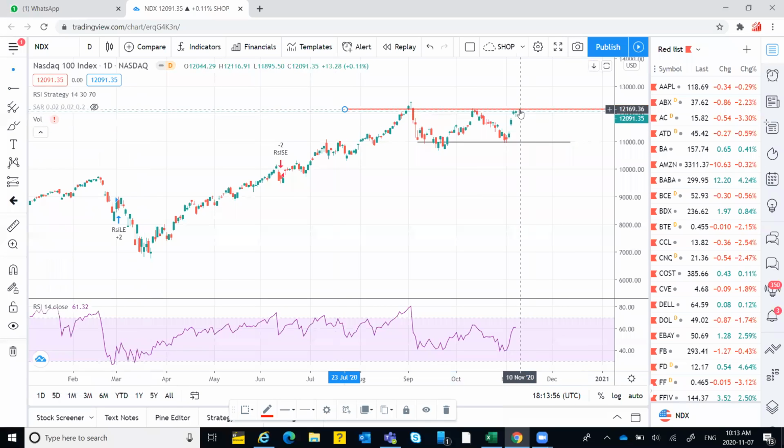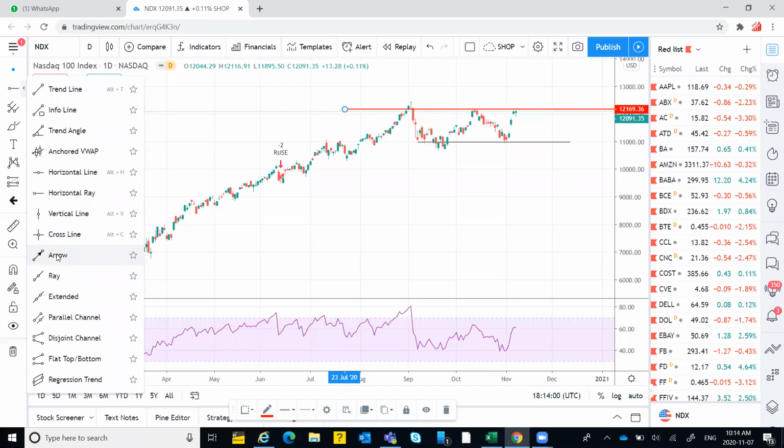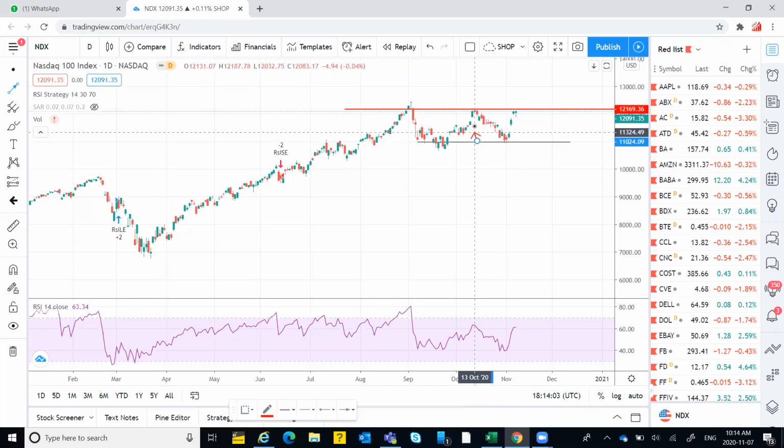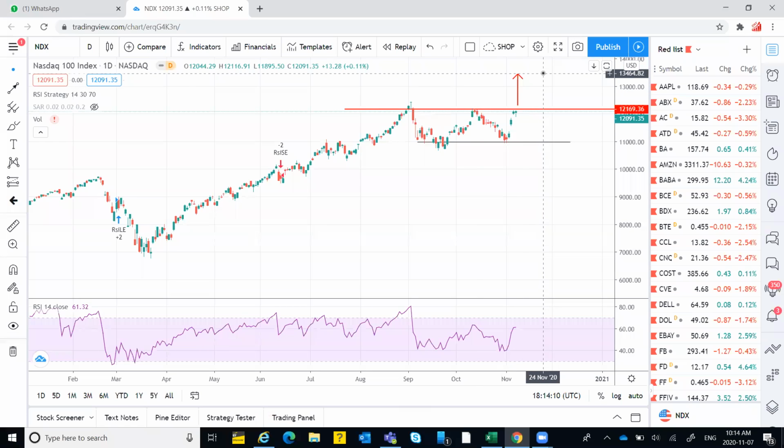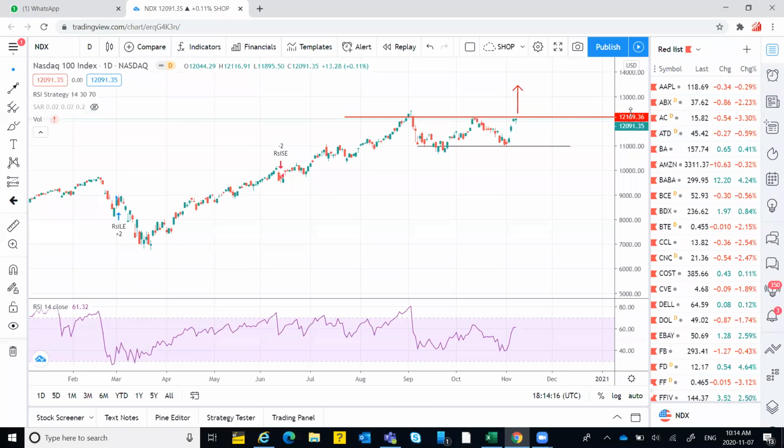So if the index manages to cross this level, the next level should be 13,450 approx. So these should be the next levels for the Nasdaq 100 index.